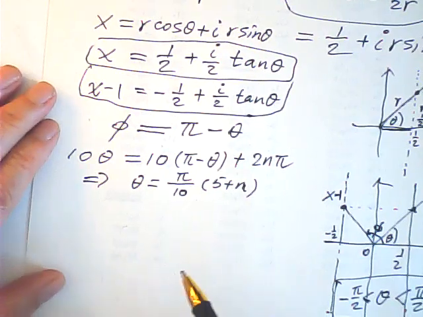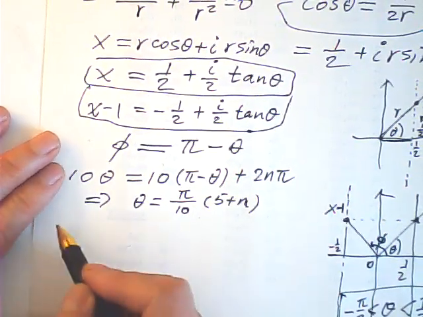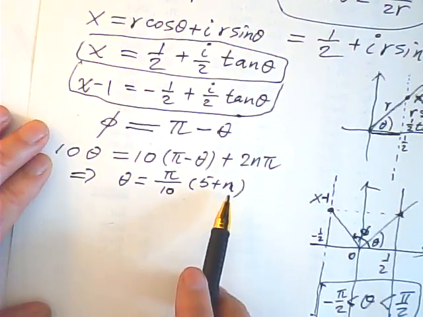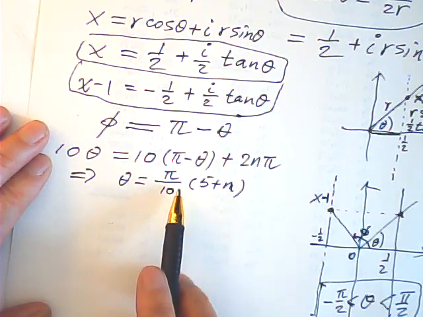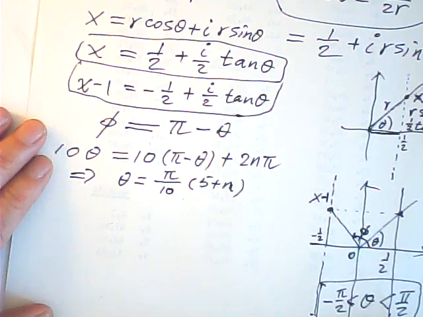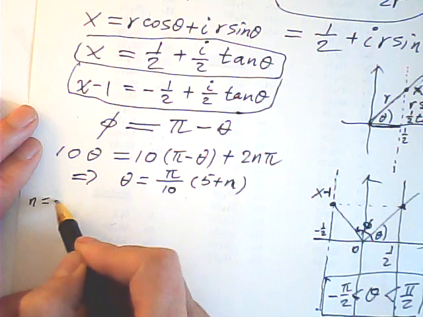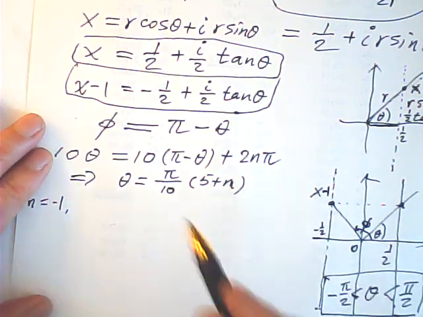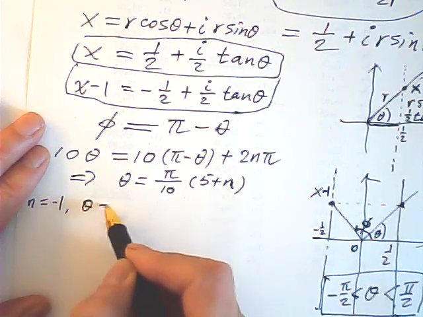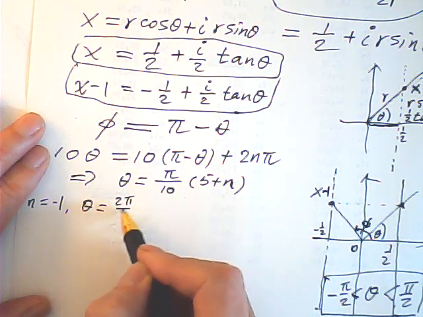N equal to 0 gives half pi, which is not good. It must be less than half pi. N equal to negative 1, theta will be equal to 2 pi over 5, right?